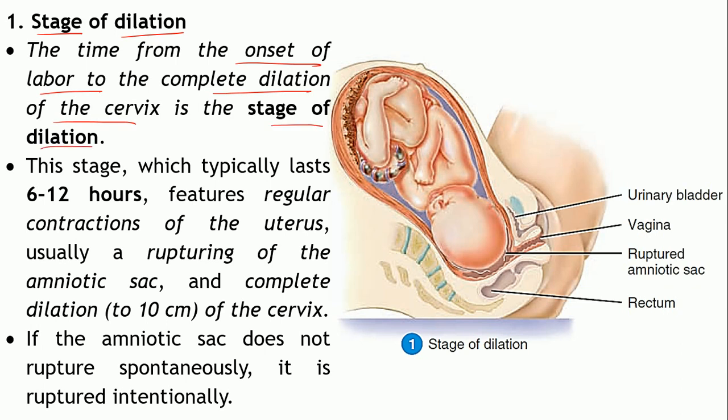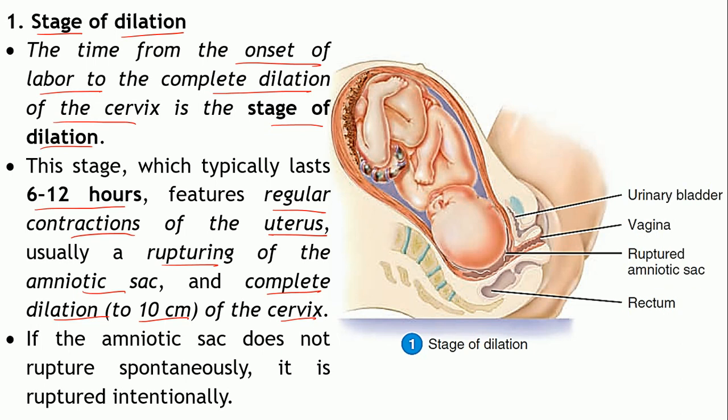It is the time when the contractions are initiated and the head of the baby is pushed into the cervix, and complete dilation of the cervix takes place. This stage may last for 6 to 12 hours, and the characteristic features of this stage are regular contractions of the uterus will begin. There is rupturing of the amniotic sac. As you can see, the amniotic sac has ruptured and complete dilation of the cervix has taken place, that is up to 10 centimeters.